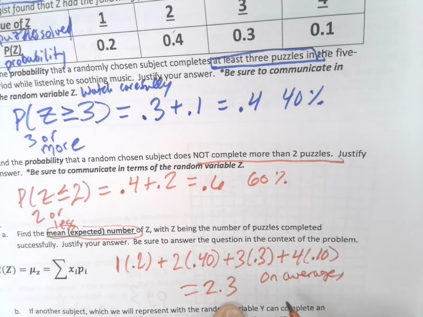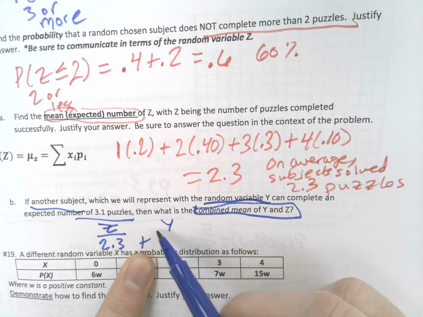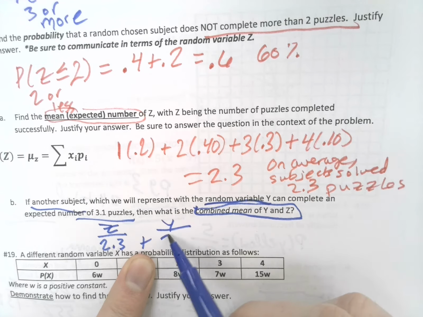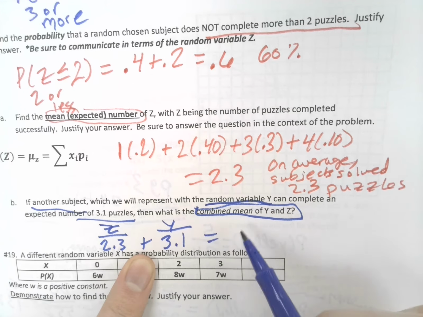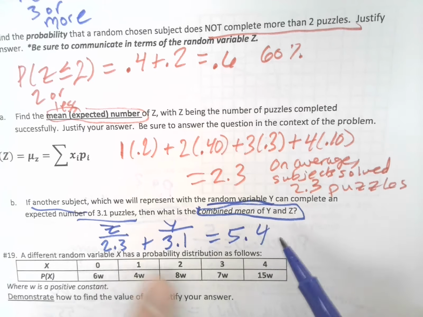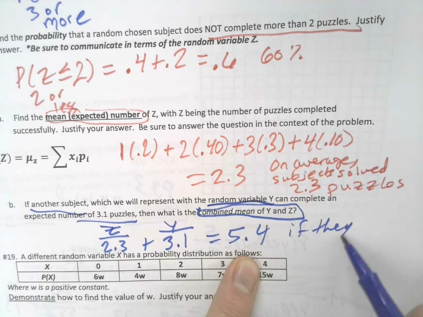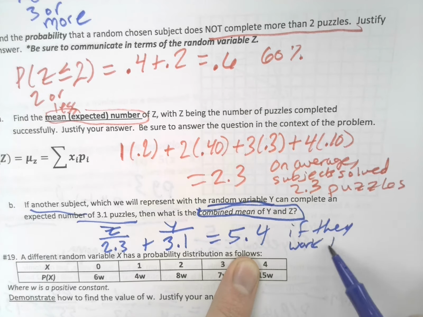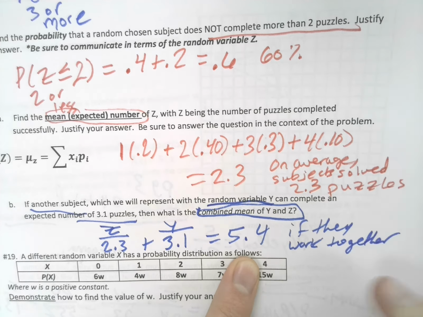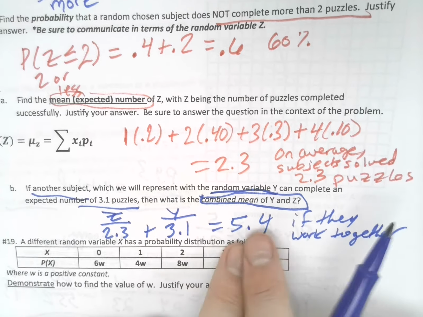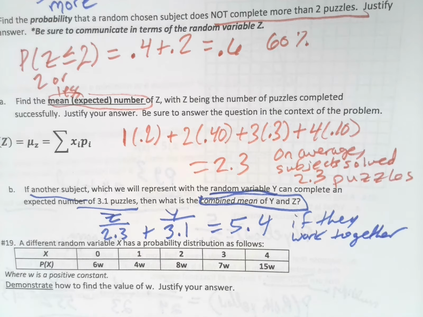Well, we take our subject, this is Z, which is 2.3, and we're going to add that with, remember it's combined mean, the mean of subject Y. Okay, so if they work together, they could solve 5.4 on average. Nice. So if they work together, they could solve about 5.4 of those.